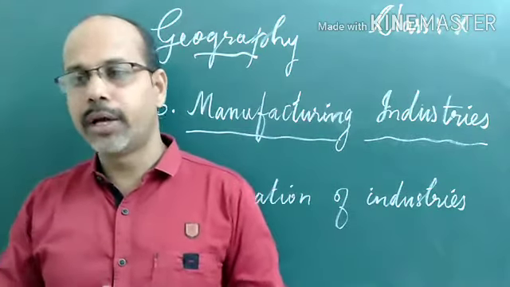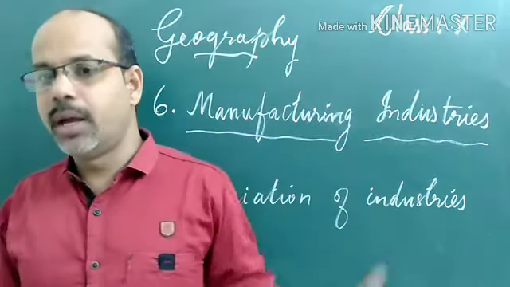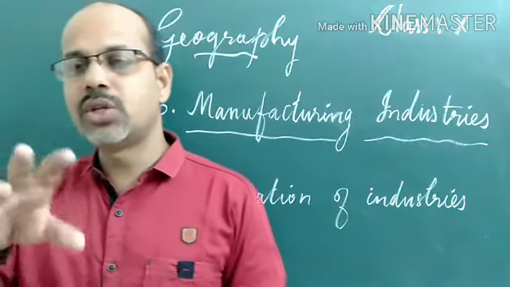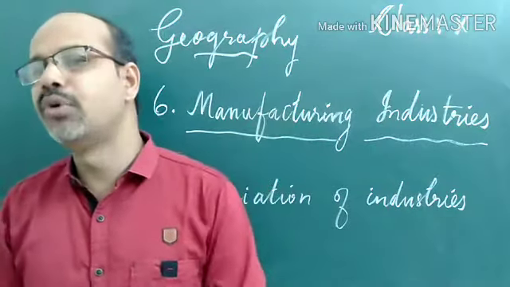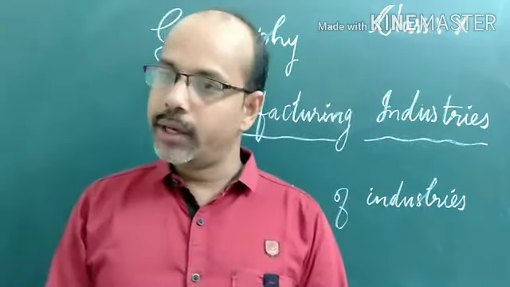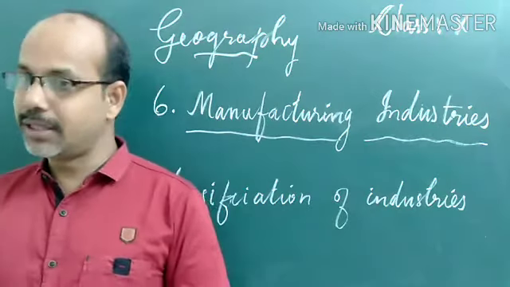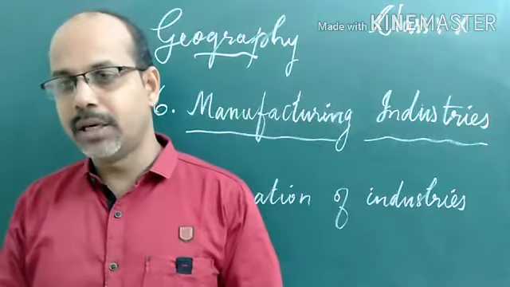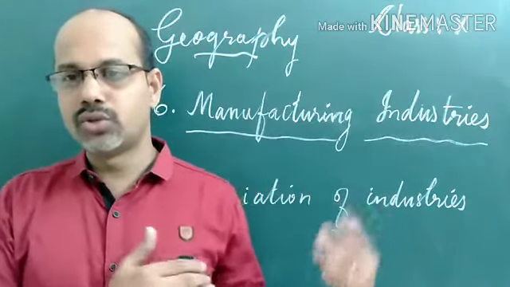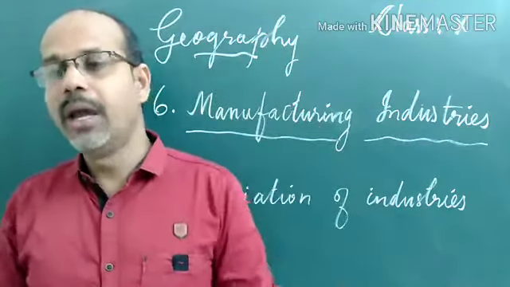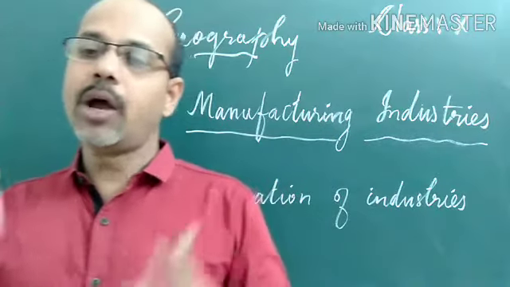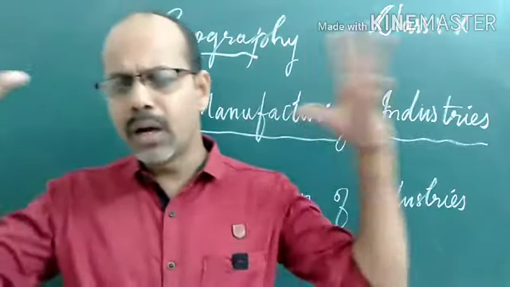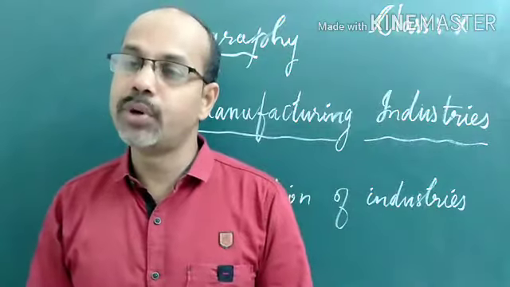Heavy means they produce very largely in heavy industries. Bulk quantities of goods are produced and sold in the market, for example the iron and steel industry. It is a heavy industry; very large capital is needed, not 1 crore or 2 crores, but many crores. Heavy industries need huge capital, and bulk quantities of goods are also produced.